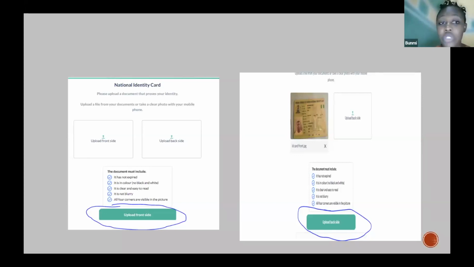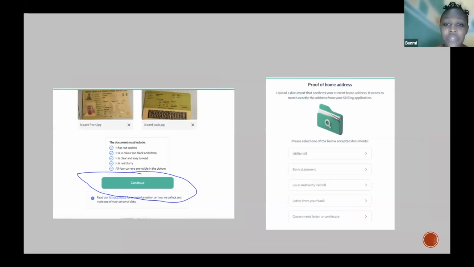Once you've uploaded your proof of identification, it takes you to the next page where you have to upload your POA, which is your proof of home address. We have quite a number of requirements here. You just need to pick one, either your utility bill, bank statement, or any of the listed documents. I would use bank statement as an example.